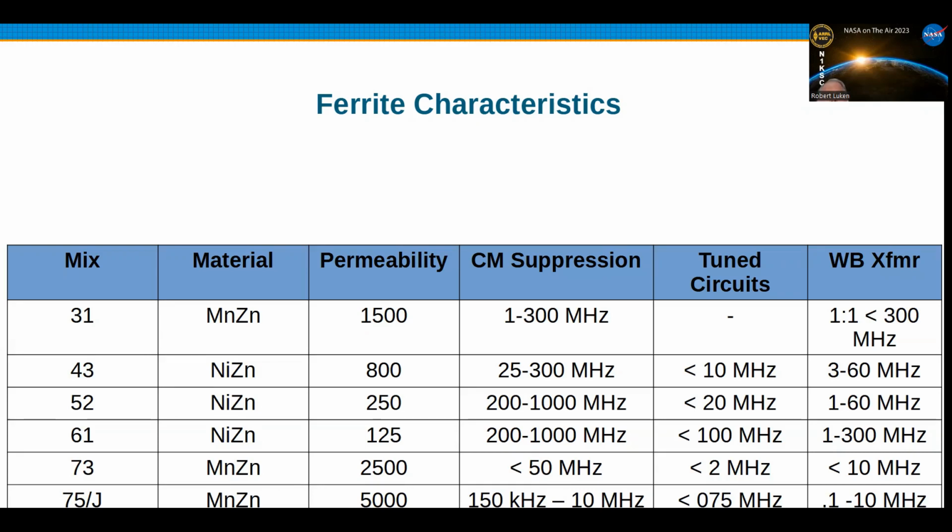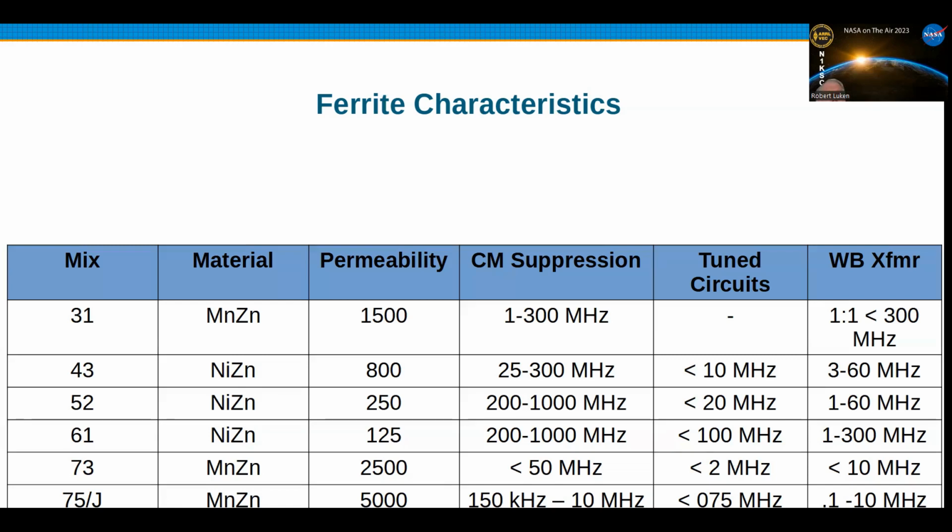This was a little chart I pulled that just shows some of the different mixes and different materials they use. I guess zinc is sort of the common factor in all of them. These are nickel zinc. The others, I think that's manganese. The permeability is a factor used in the inductance.